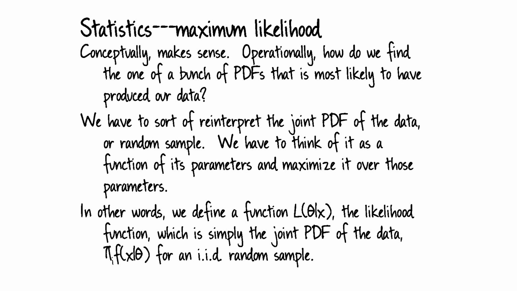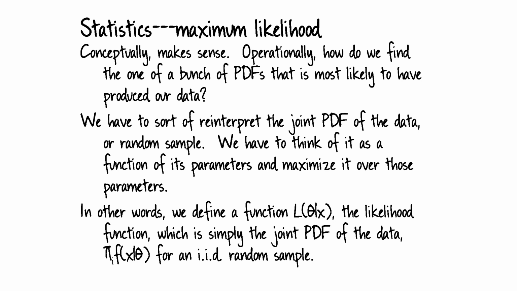Okay? So this is the joint PDF of our random sample. We're going to relabel that the likelihood function. And we're going to think of the likelihood function as being a function of theta given the data, as opposed to the other way around. And then we're going to maximize that likelihood function with respect to these parameters theta.